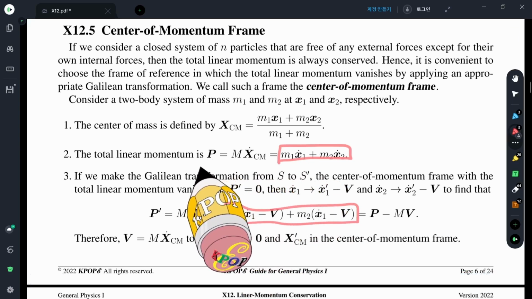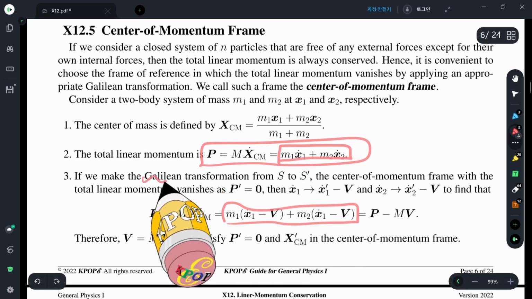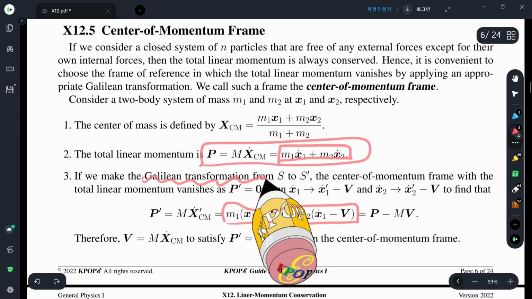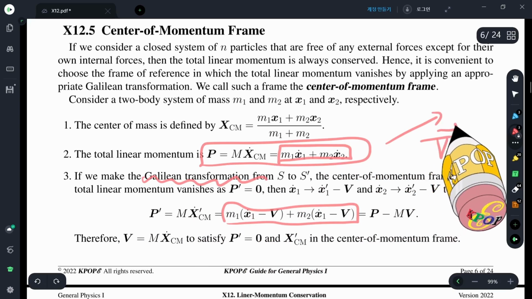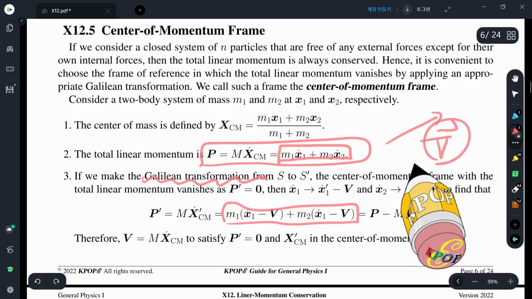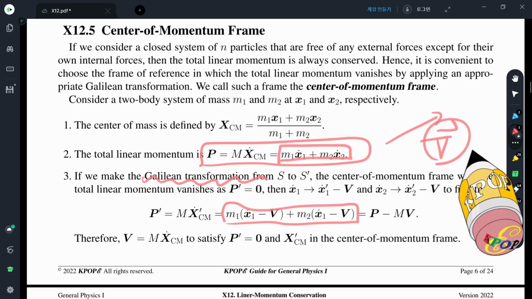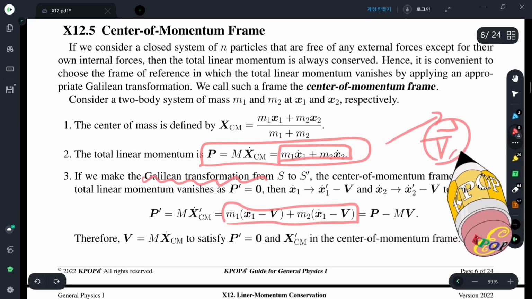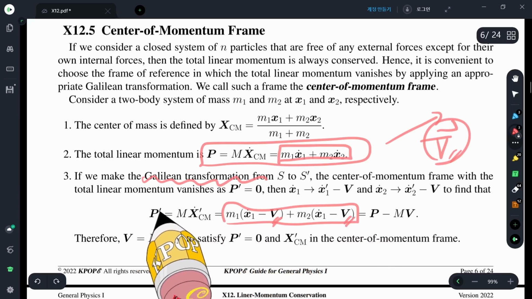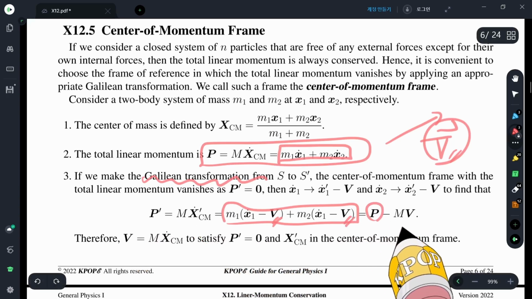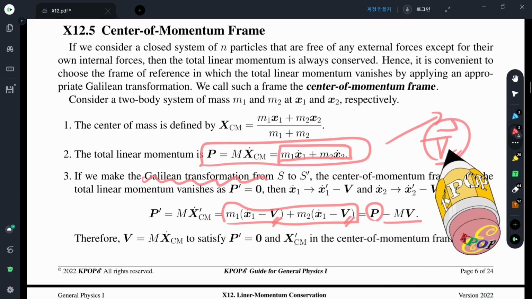Okay, so we consider this total linear momentum, and we apply a Galilean transformation to a frame having some relative velocity v. In this new reference frame, every velocity should be subtracted by this amount, and after we subtract this, the total linear momentum is reduced by capital M times velocity.